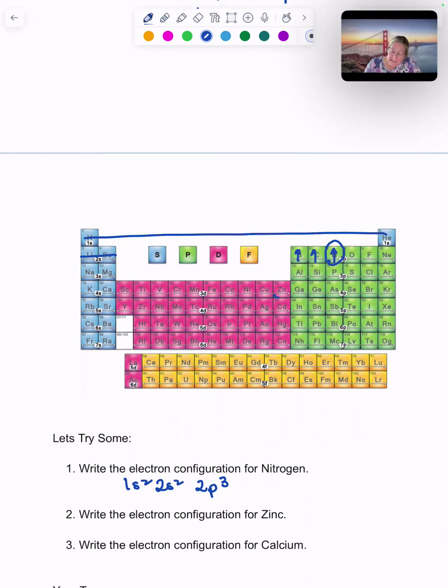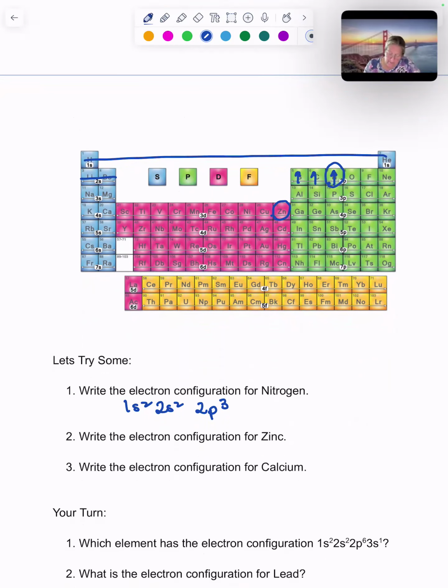Let's go ahead and look at zinc. Now, we already know, or hope, that zinc is going to have to end with a 3d10. And we would say 3d10 is the identifier for zinc. So once again, we'd have 1s2, 2s2, 2p6, 3s2, we're down to here now, 3p6, 4s2, because 4s has to come before our 3d10, and that last square is the identifier.